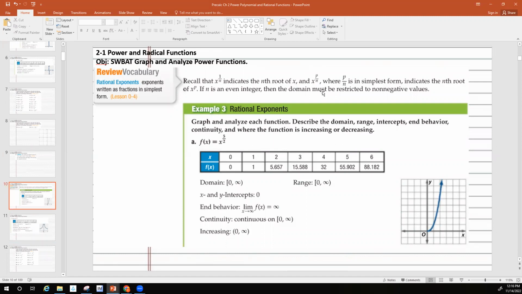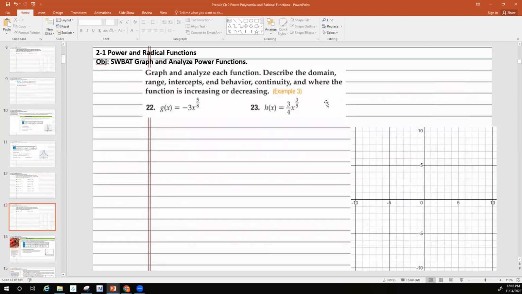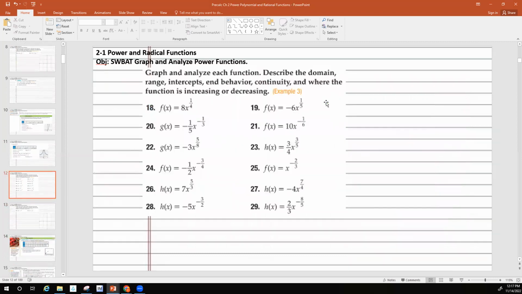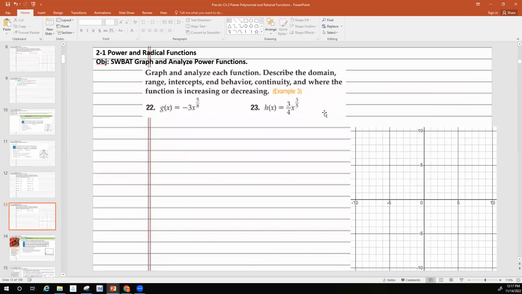If you have a fraction for your power, remember, x to the 1/5 is equal to the 5th root of x.